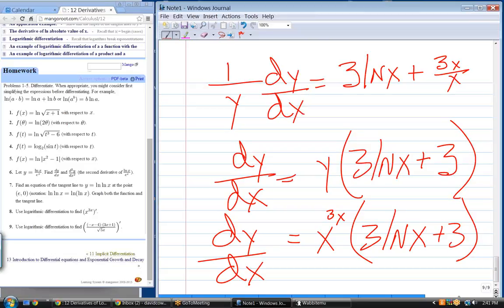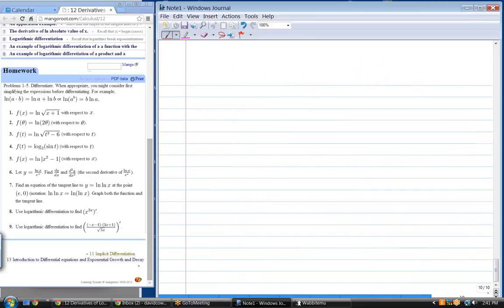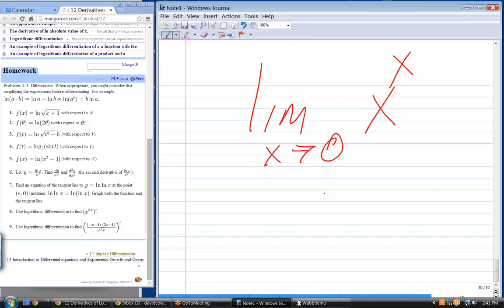This is an important problem because there's a lot of times where, what's the limit of this as x goes to 0? Well, the only way to answer that question is to take the natural log of both sides, differentiate both sides to come up with the answer.